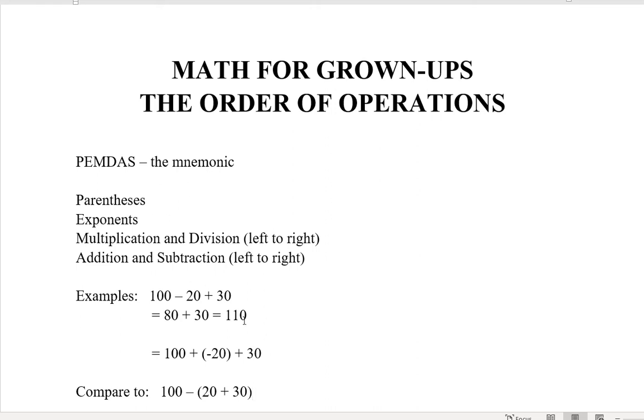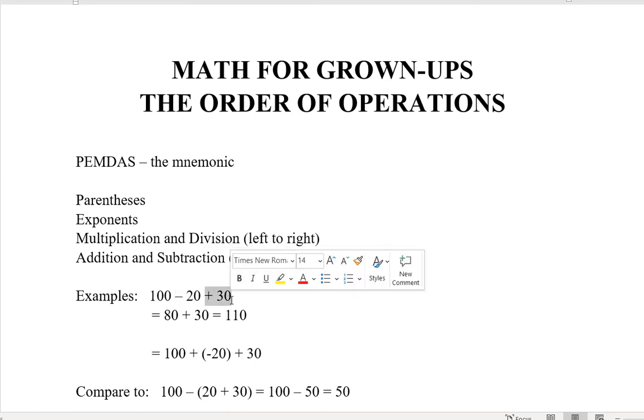Parentheses always come first. Now we have to do the 20 plus the 30. That's 50. And then this is 100 minus 50 equals 50. And it really depends. Are you subtracting the 20 and the 30, or are you just subtracting the 20 and adding the 30? It has been the source of numerous fights.